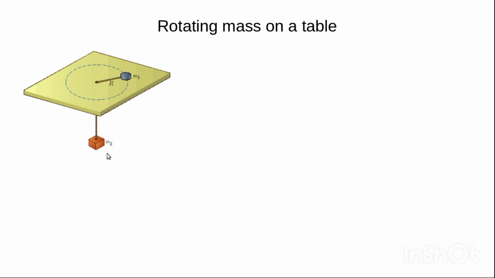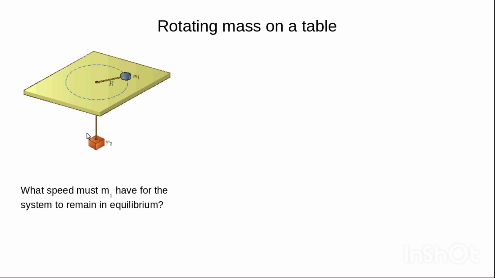So the question that can come out from this kind of problem is, what speed must M1 have for the system to remain in equilibrium? If this mass is not rotating and M2 is greater than M1, one would expect that the system will slide downward.